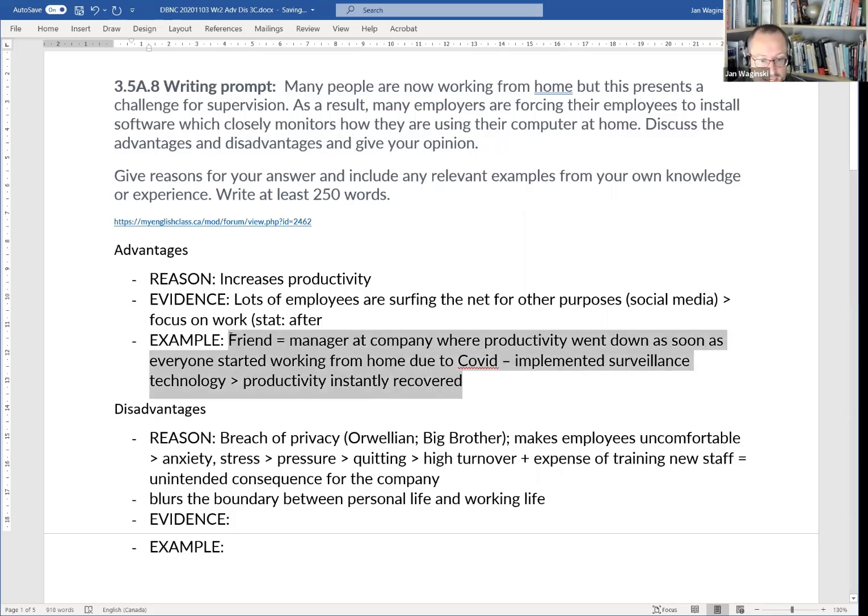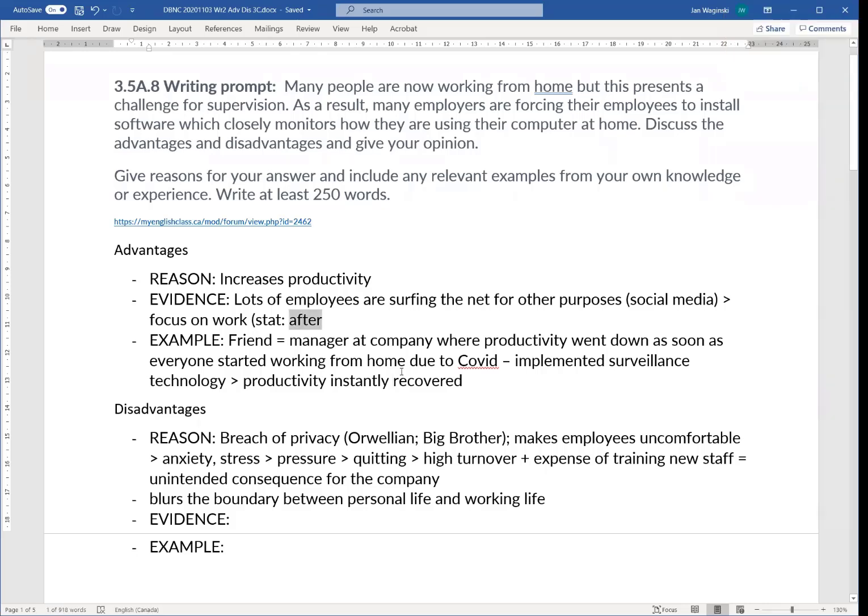If you think of an example, work backwards to come up with some kind of evidence that leads into the example. So we're saying that productivity recovered as soon as the technology was implemented. So our statistic should relate to the improved productivity that results from using this technology.